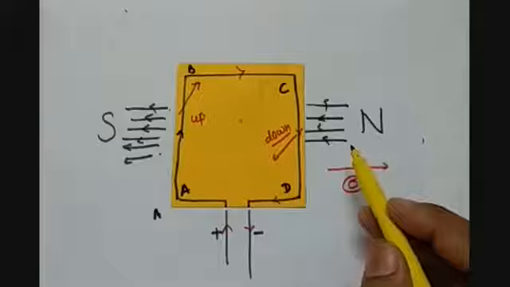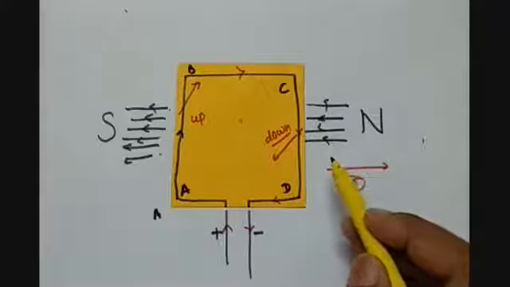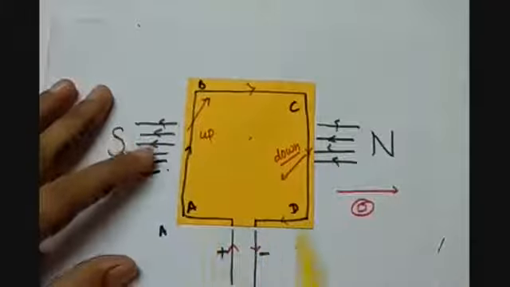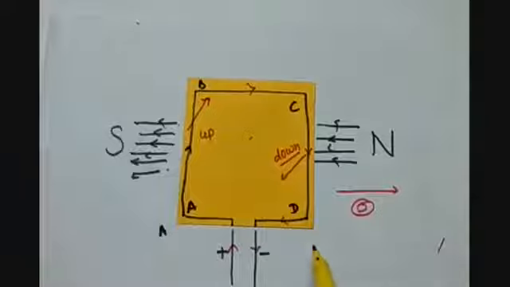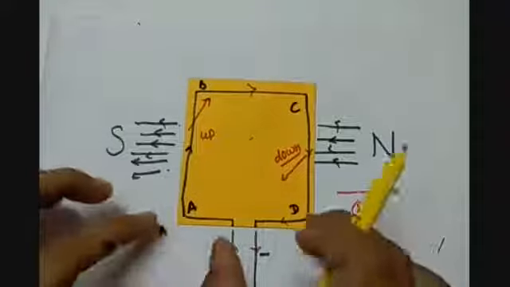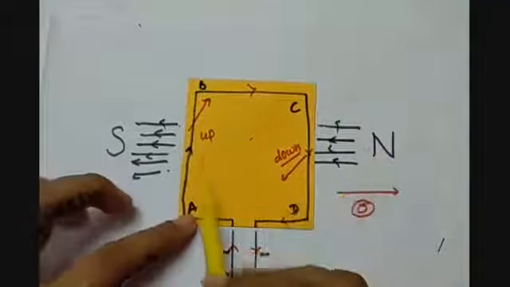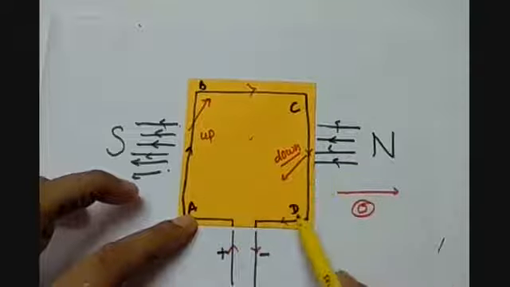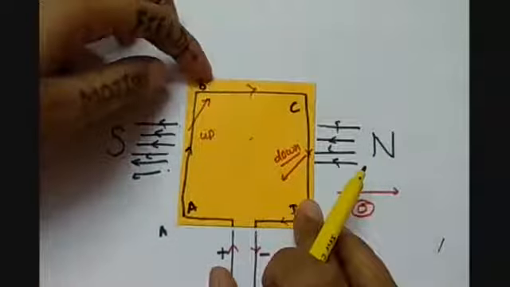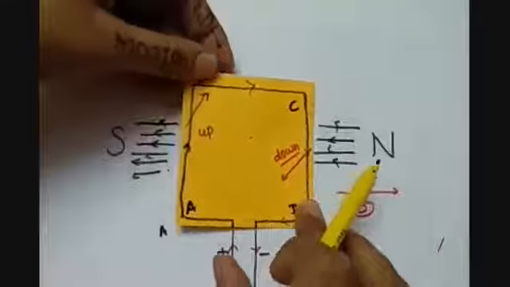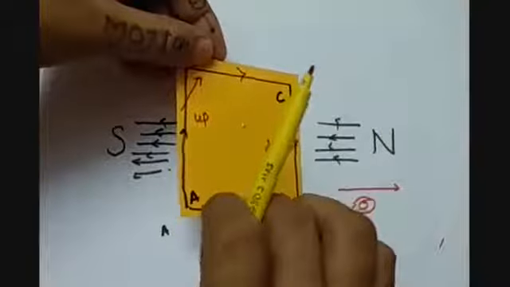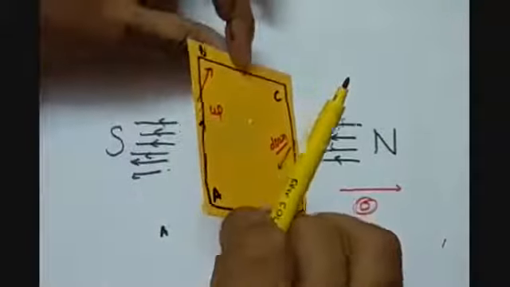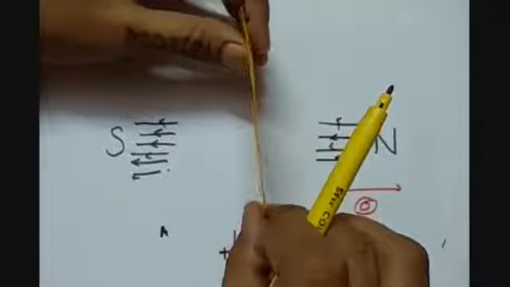So the magnetic force produced will also be 0. So the BC and AD arms will experience no force. Now here a couple of forces is acting on arms AB and DC. So accordingly the arm AB will move up, because of the couple force acting.